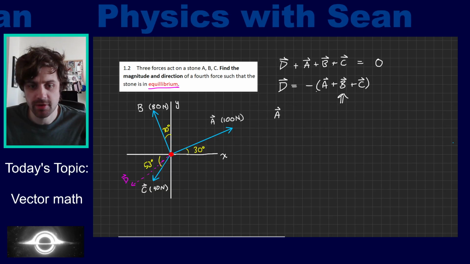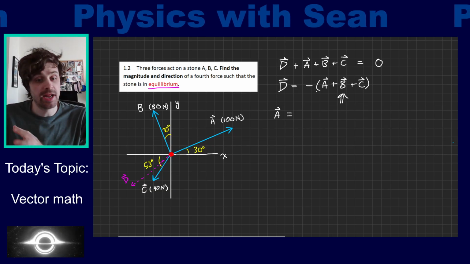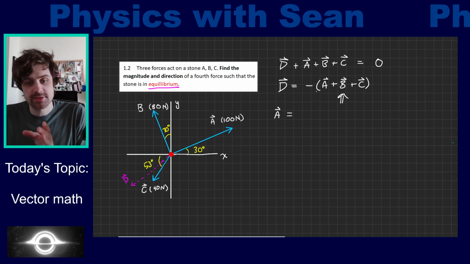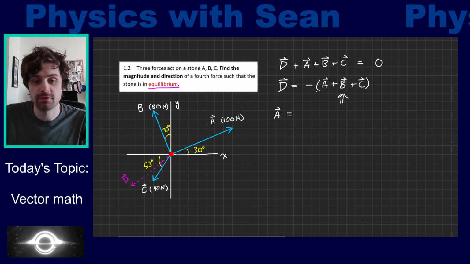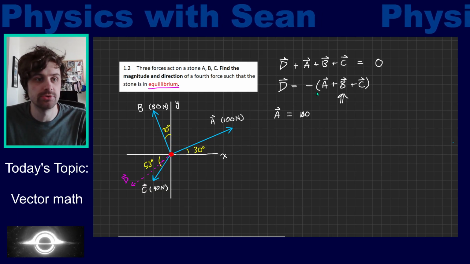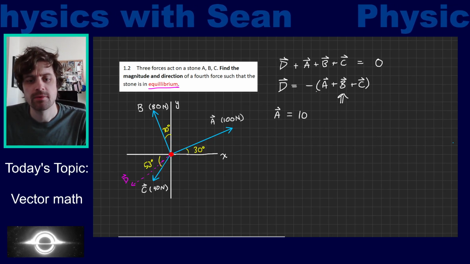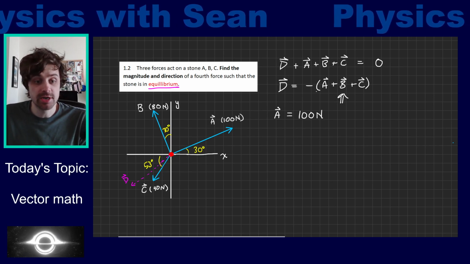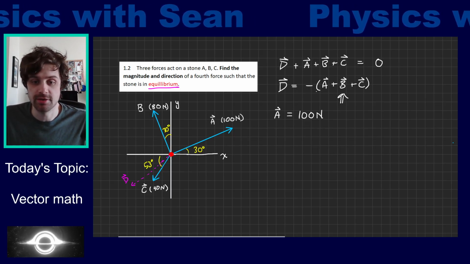I'll take this one at a time. I'll get vector A first. The way that we break any vector into components, we start with the horizontal piece, the X component, and that's always equal to the magnitude of the force, which in vector A's case is 100 newtons, as you can see in the image there, times the trigonometric function that isolates the horizontal piece of the vector.